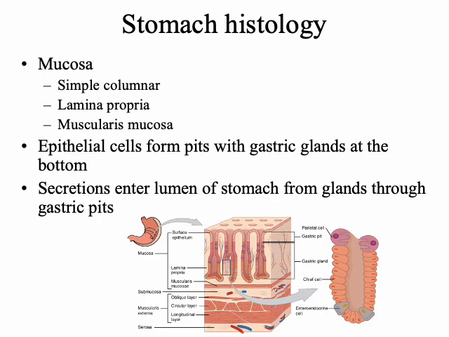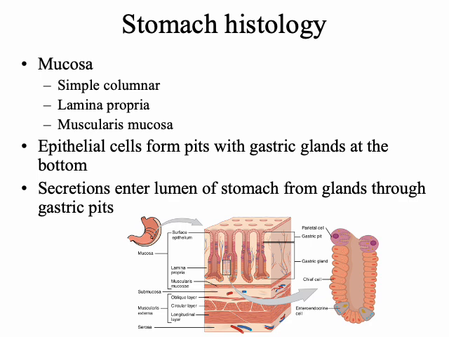Now, here's the thing about the stomach histology. The mucosa, the surface of the stomach, is flat. It is a type of simple columnar epithelium, but it is covered with mucus, so it looks kind of blurry. But it is simple columnar, one layer of kind of tall cells, and the glands, the gastric glands, are located in the lamina propria.